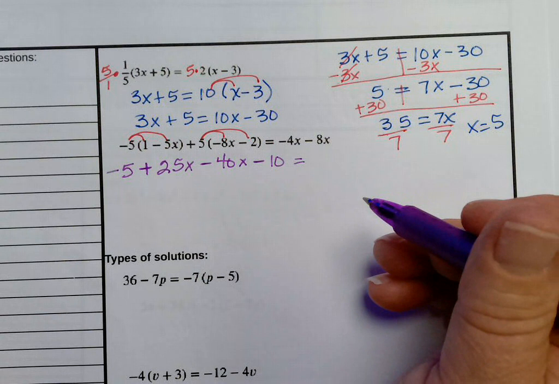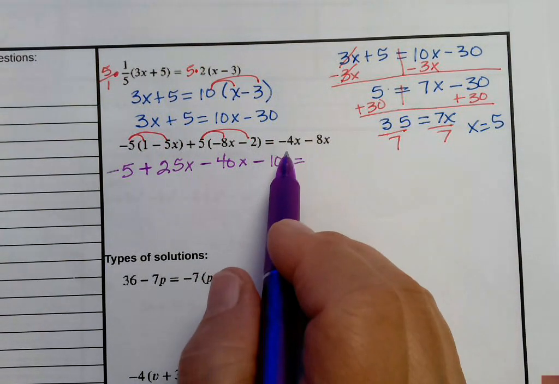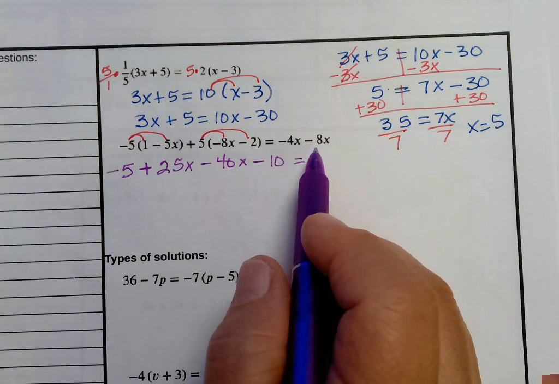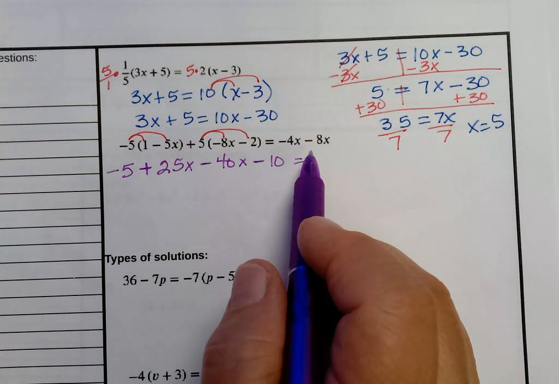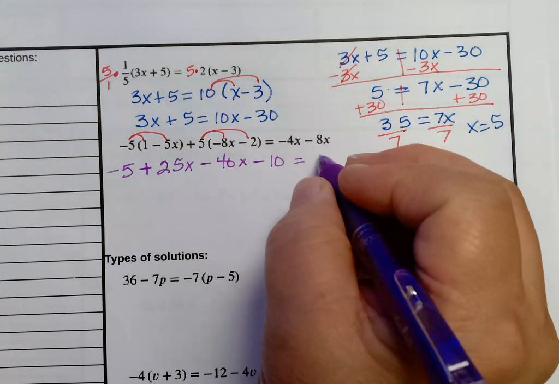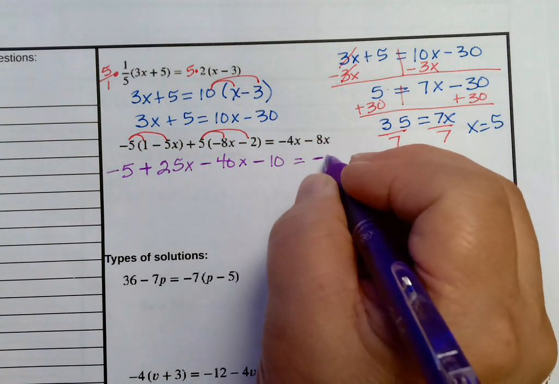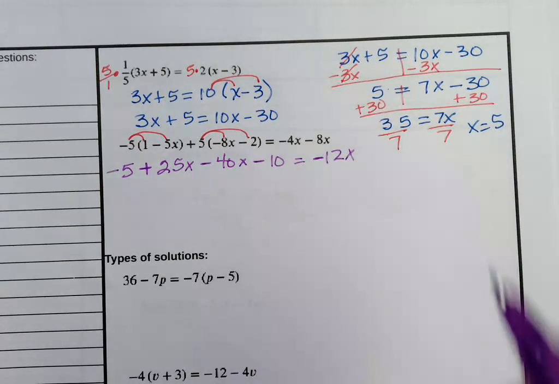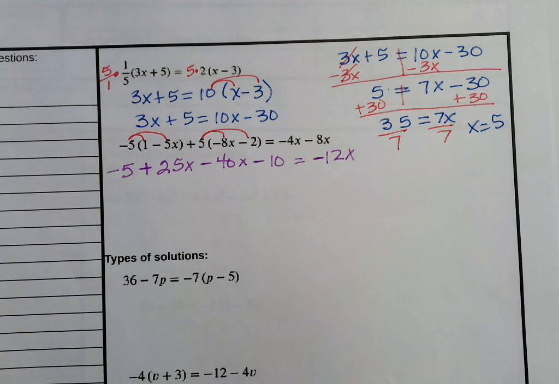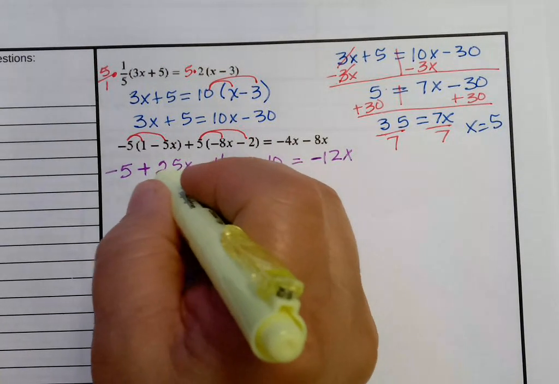Now, I'm going to go ahead and simplify this. Negative 4x minus 8x. Negative 4 minus 8, more. Combine them with addition. 4 plus 8 is 12. Keep your negative sign. 12x. Okay, let's combine our like terms. Let's start with our variable.